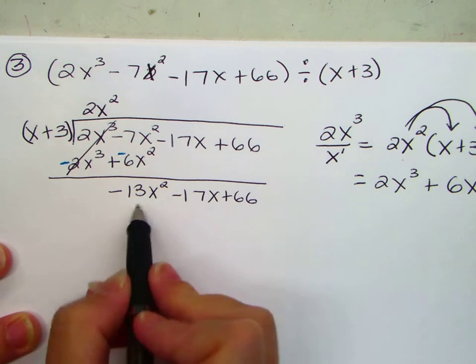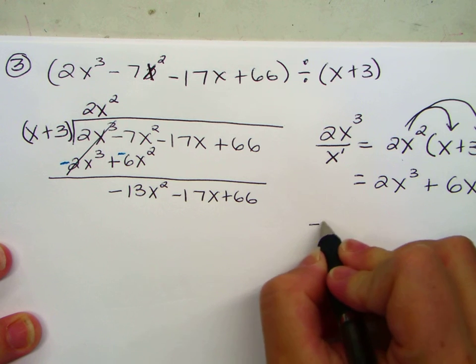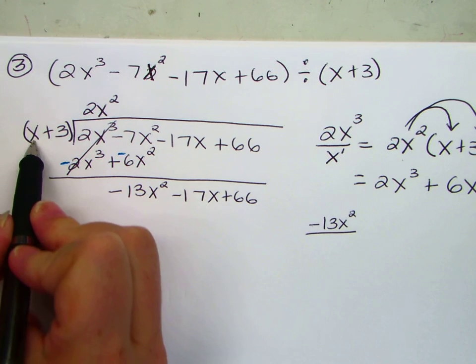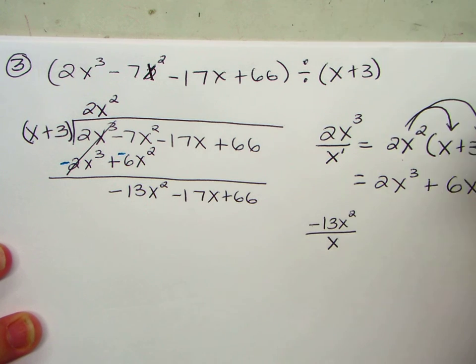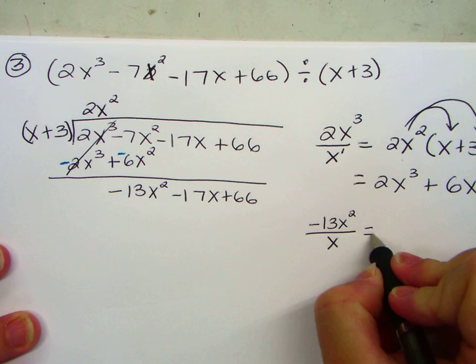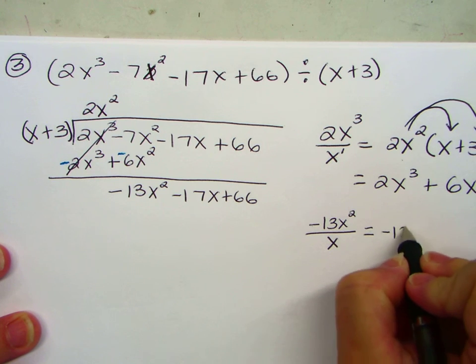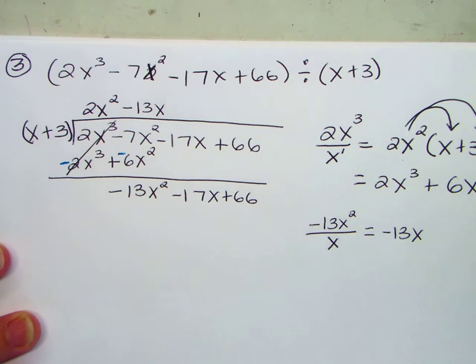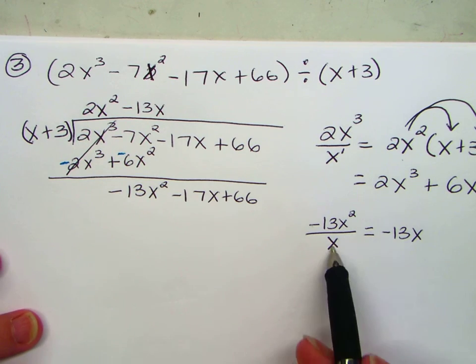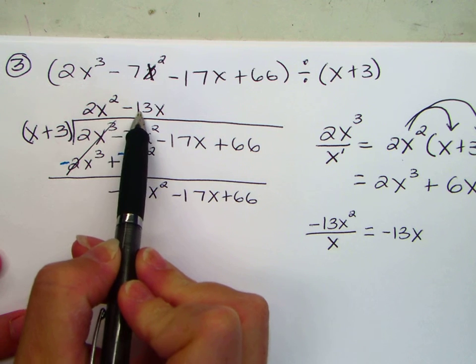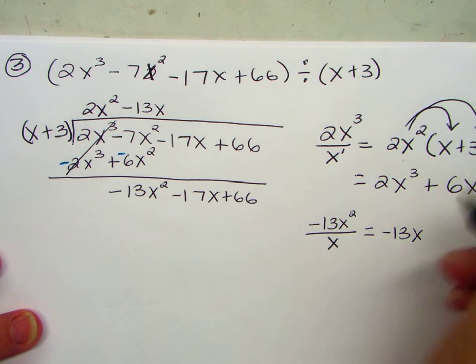We're going to take that highest power, divide by that outside term, x. Notice it's the same thing. We're going to divide by x every single time. We divide negative 13x. Don't forget to put this on the top. Okay. So we divide. Then what do we do? Multiply. We need to multiply negative 13x times x plus 3.